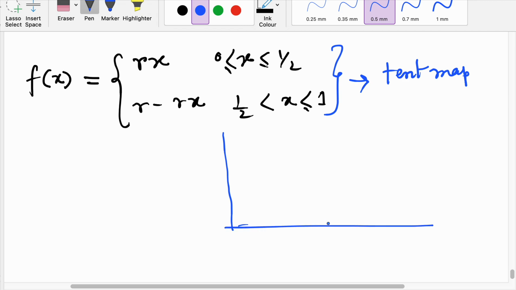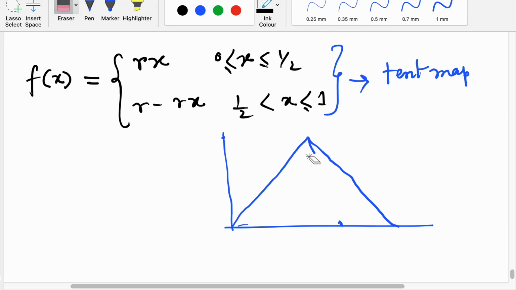So up to half it is going like this, and at half it reaches r by 2. Then from r by 2 it reaches 0 somewhere here.